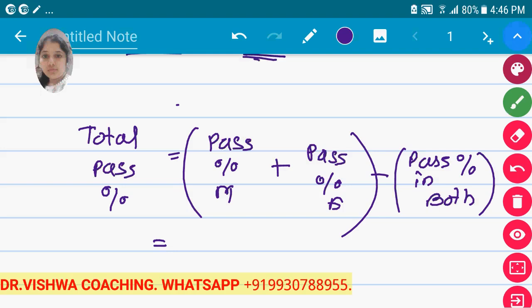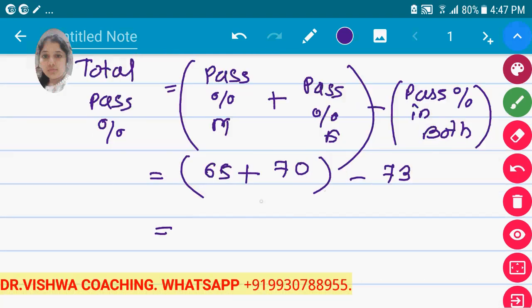Now you know how many students passed. So 65% passed in maths, 70% passed in English, and 73% passed in both subjects. Now solve this: 65 plus 70 becomes 135, minus 73.